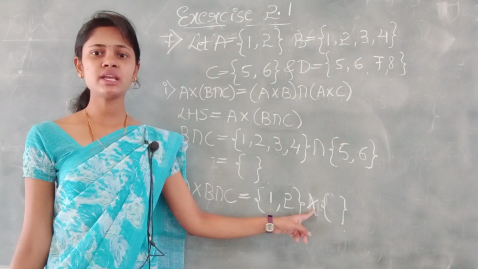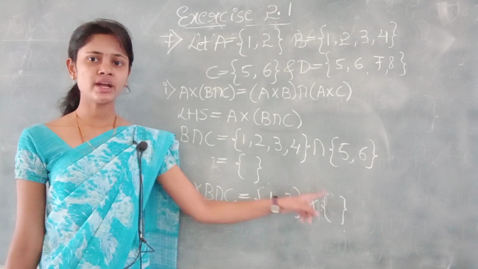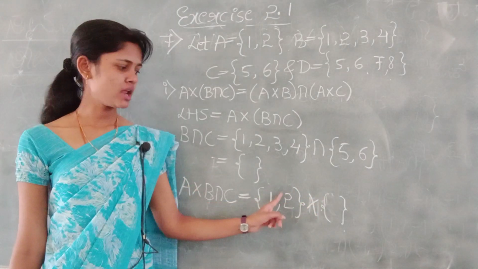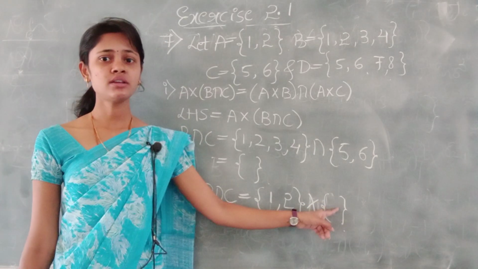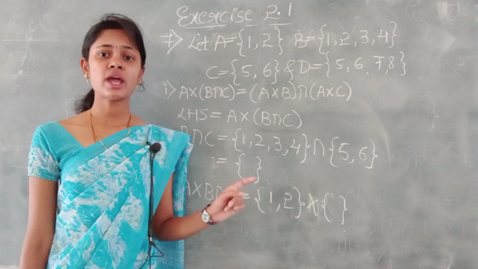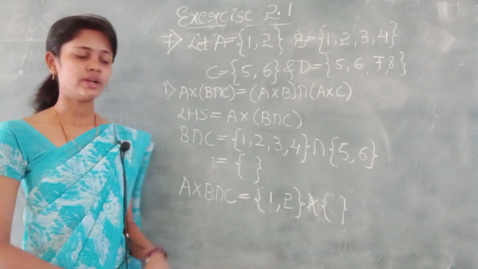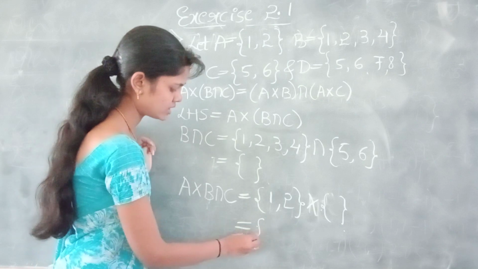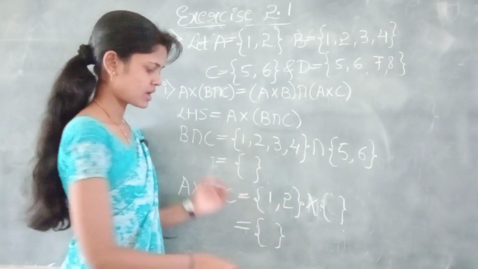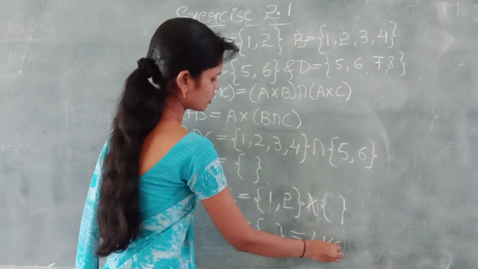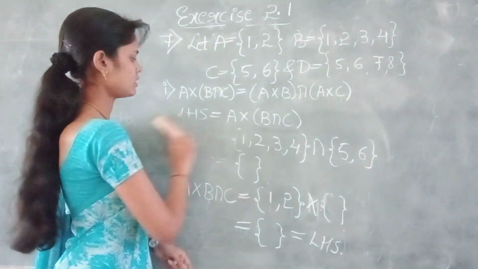Cross means the Cartesian product, and we can't write any ordered pairs, because in the second set we don't have any elements. Therefore it is also the null set. So keep in mind our LHS is the null set.